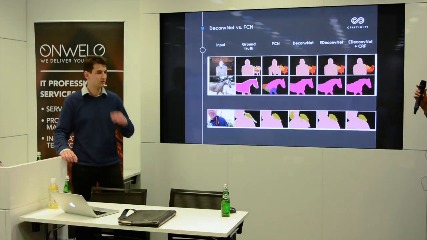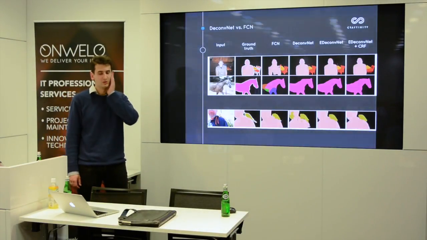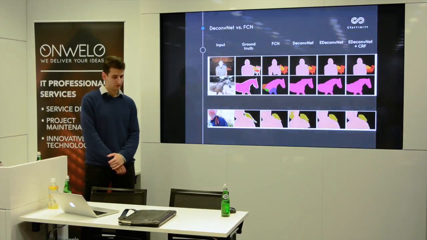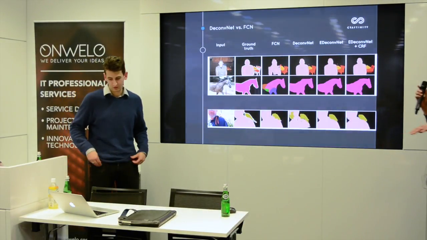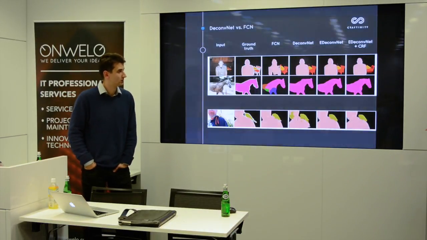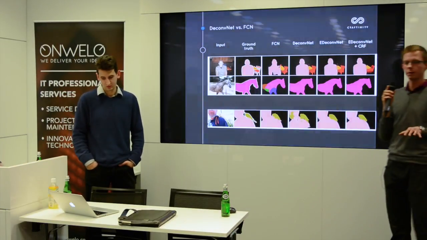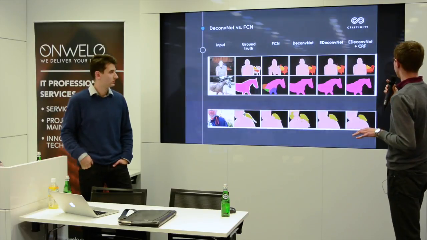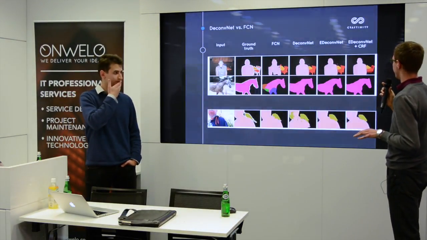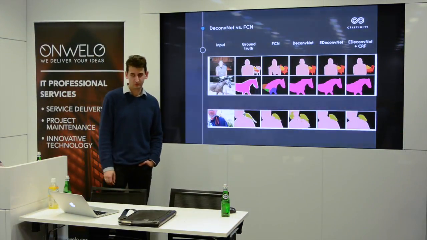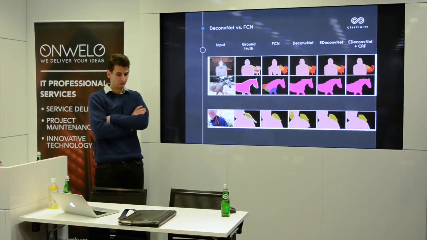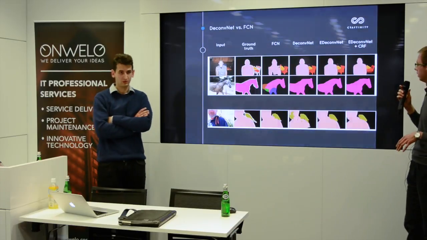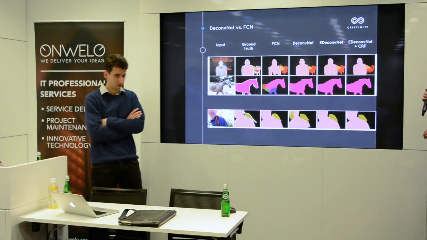The fourth is just DeConvNet, and then we have some ensemble of DeConvNets, so a set of a couple of networks. They are usually better than just one. The last one also has some conditional random field post-processing, and we'll talk about later how it's done and why it's important. And in the third row we have an example where FCN is actually better than the DeConvNet, so it can also happen.